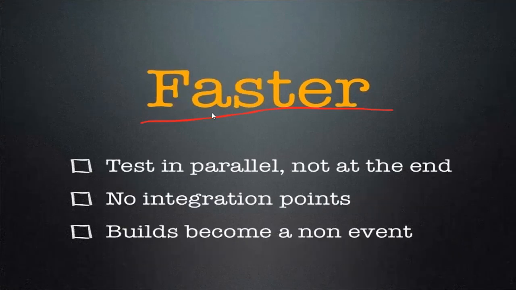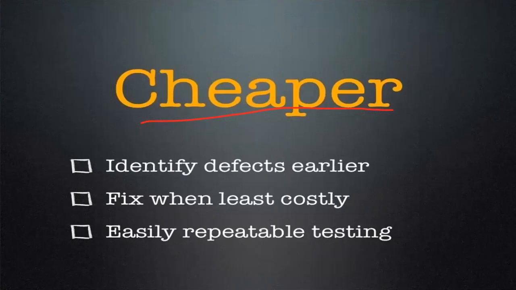And the next one is faster. So whatever we explained in the last few minutes, whenever there is a change or whenever there is a bug, the developer will immediately fix and commit. This will be very fast, and it is very cheap, because as I said, it's not a manual dependency.